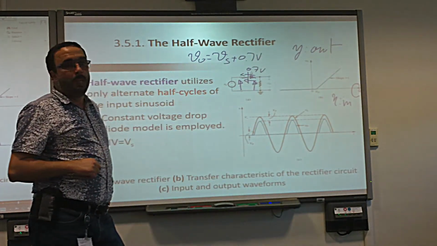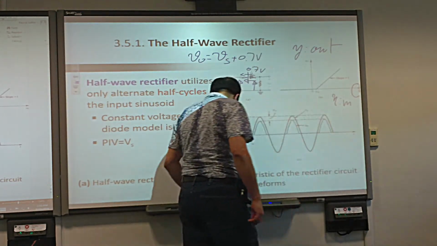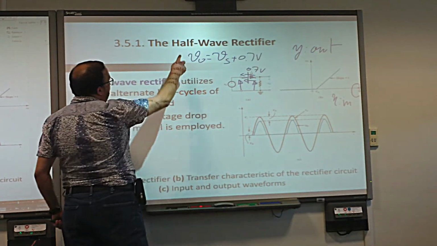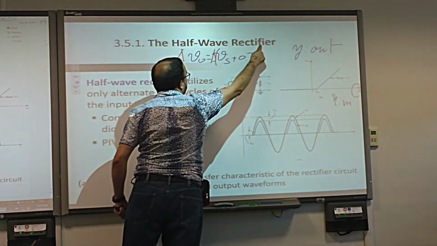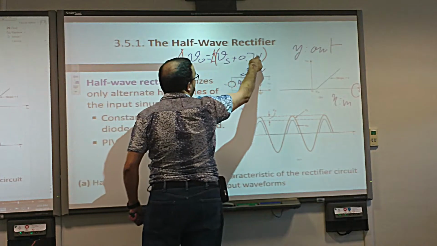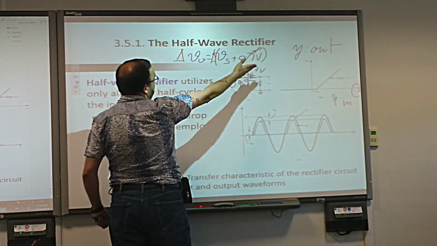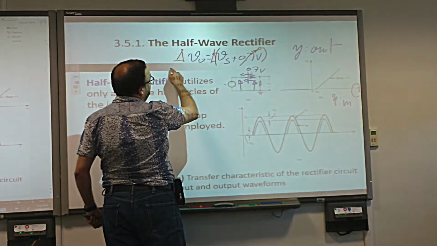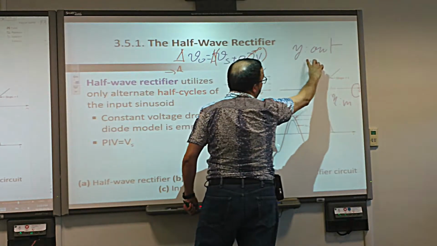Now how do we find the slope, which is equal to 1? Again, thank God for mathematics. We do the variation of the whole thing here. When you do that for 0.7, it's going to be 0, yes or no? Because there's no variation. The slope is delta V out over delta V in.